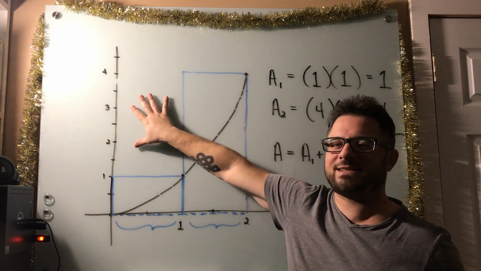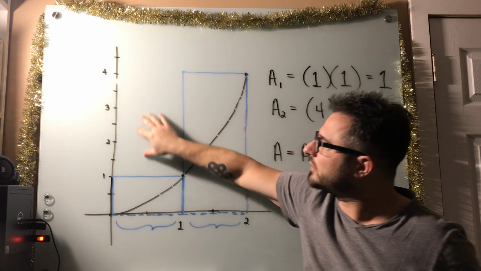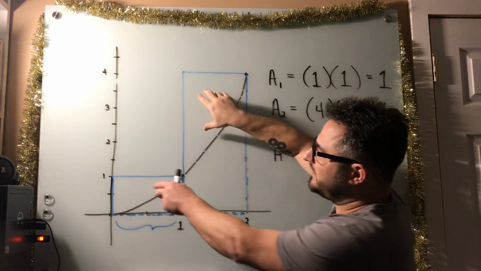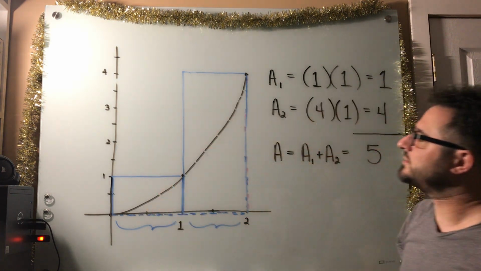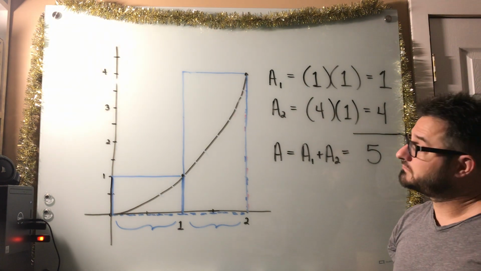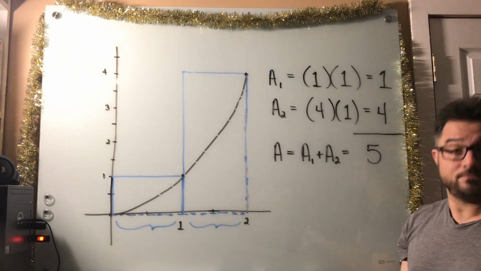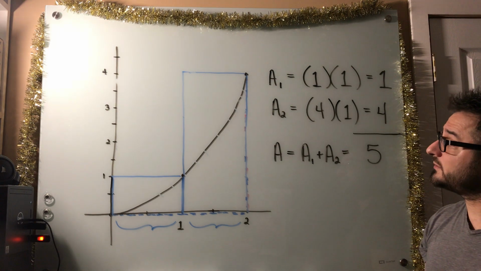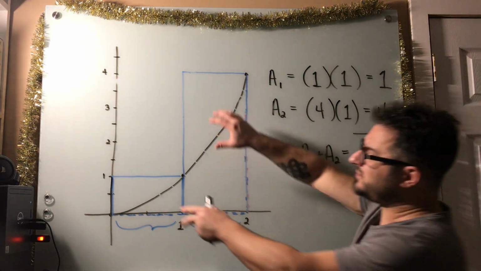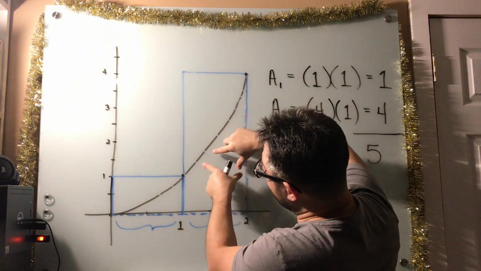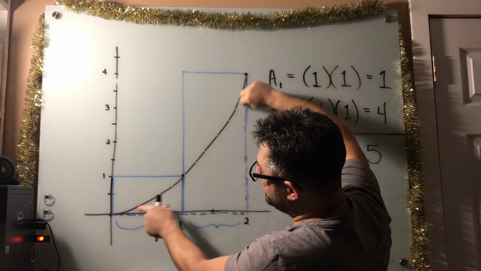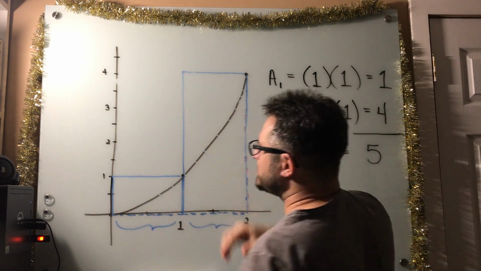Now we have much less extra space because this part is no longer included. We've kind of narrowed it down to just these two. Okay. Better. But not perfect because, again, we do still have a lot of extra space. We have everything we're supposed to have, but we've got too much.